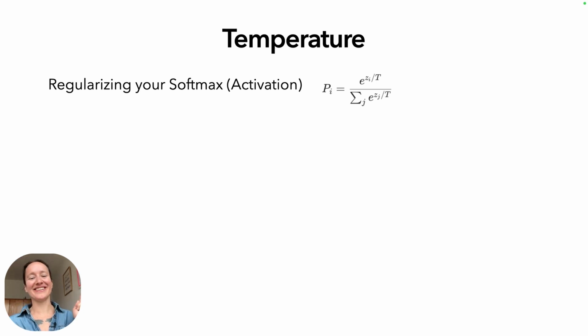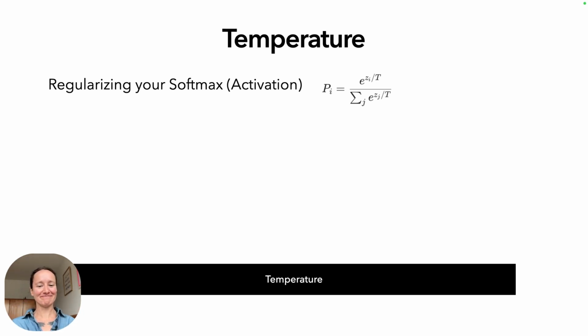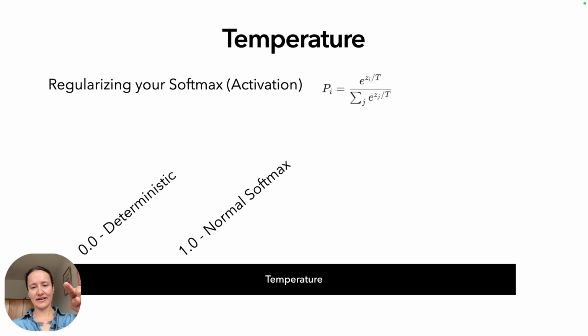If that worked for you, let me know in the comments. If you have questions, also let me know in the comments. So we can think of temperature on some sort of scale here. We can think of 0, or 0.1, these very low temperatures being highly deterministic, right? It's not exactly divided by 0, obviously.